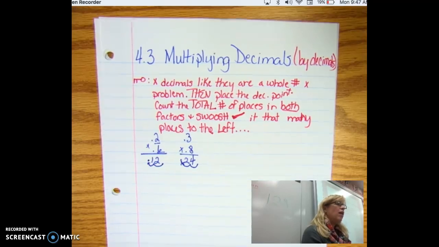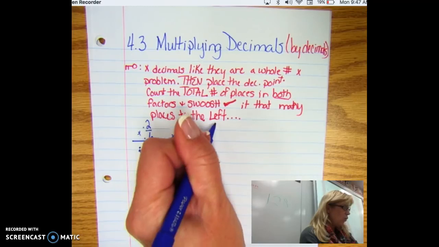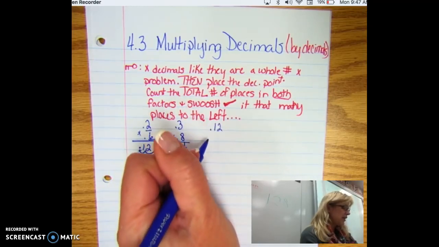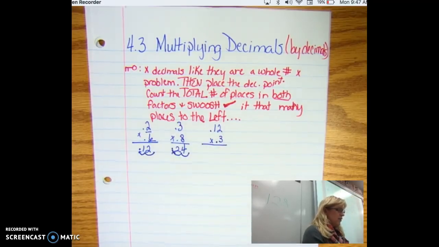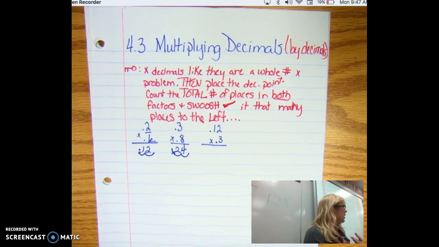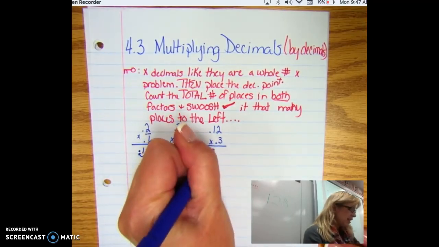So now let's try 0.12, 12 hundredths, times 0.3. Okay, somebody just tell me what 12 times 3 is. Yeah, Nathan. 36. It's 36.